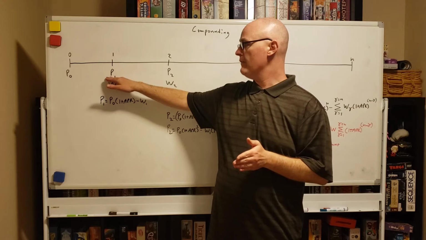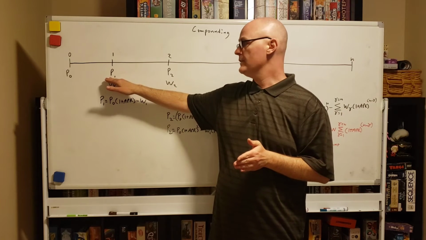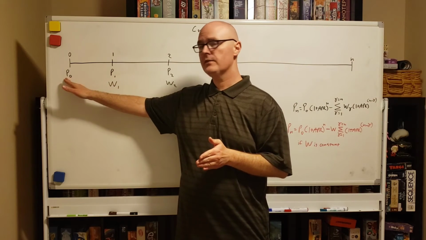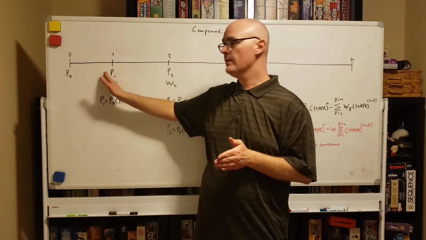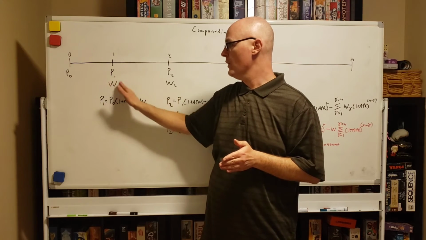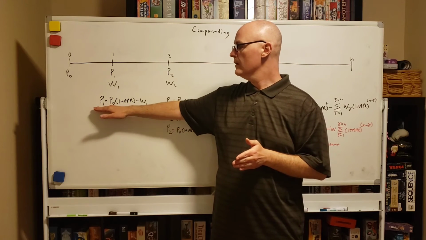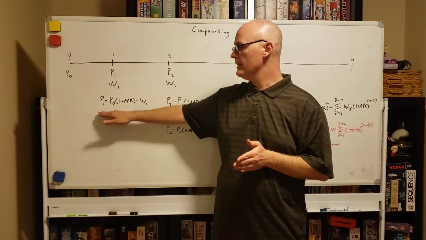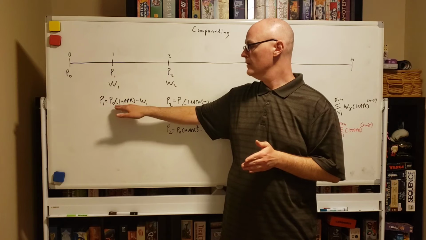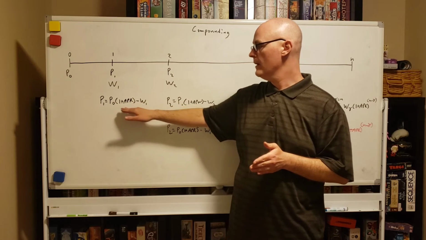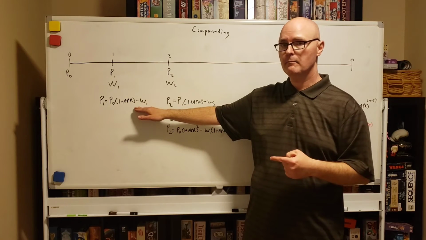The principal I'm going to have at year 1 is going to be whatever the growth was for year 0 minus my withdrawal at year 1. Or the principal at 1 is equal to the principal at 0 multiplied by 1 plus the APR, minus my withdrawal.